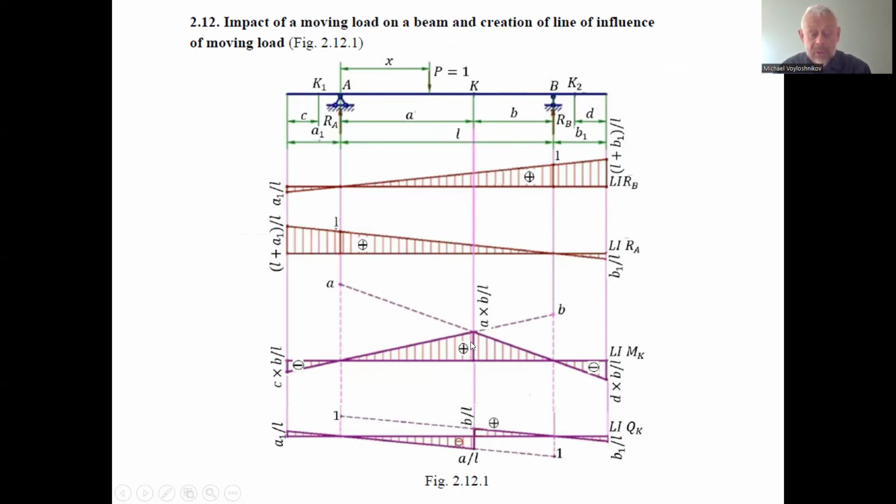So we have the corner on the line of influence of the bending moments at the point assigned for determination K. We have as well a step on the line of influence on the location of the unit force. We have a step on the line of influence of that factor on the shearing force.